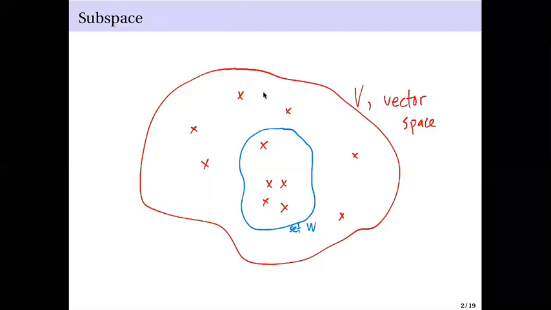Meaning, you have the vector space V. You get a collection of vectors, label it W. It is a set.